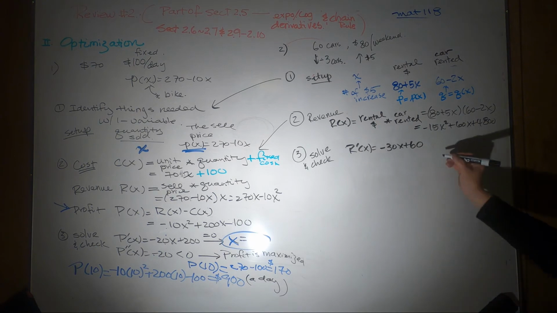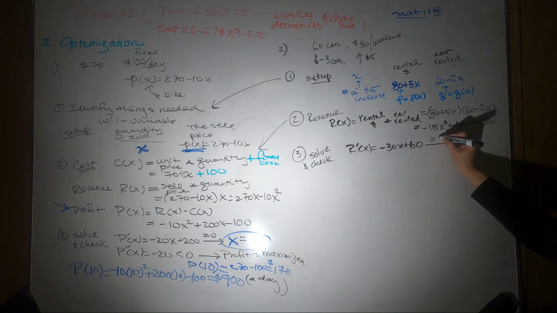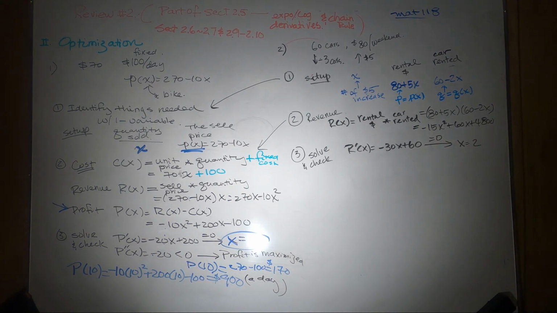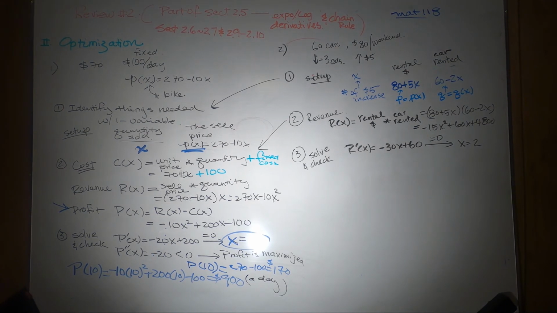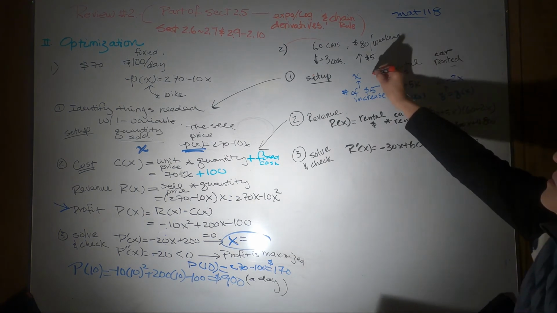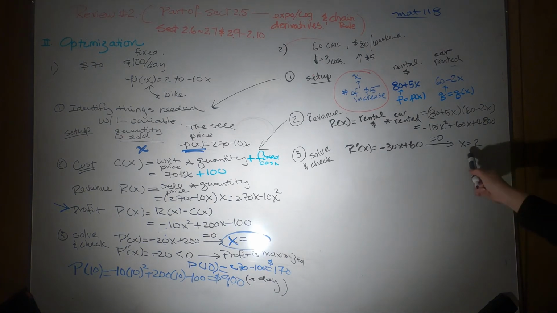Right? Then we make this one 0. So your x would be what? Is that right? Then we'll check. What does 2 mean? Right here. Because you write it at the beginning, that's what you are working with. Then we want to check whether this will maximize your revenue or minimize your revenue.